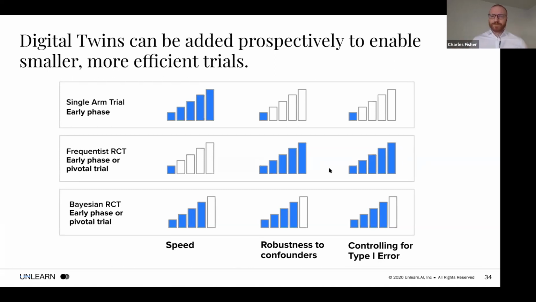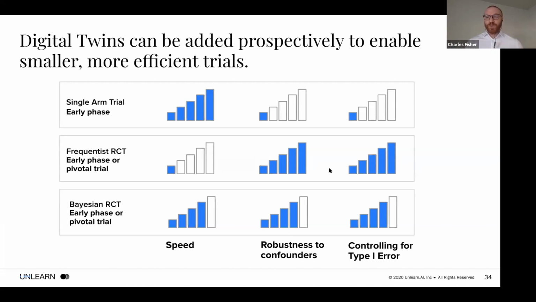So the first thing is that, as Jon showed, we can create significant reductions in the number of subjects who are required for a clinical trial, while still keeping all of the statistical properties that we want. We can have a randomized controlled trial that's robust to confounders and that has control of the type 1 error rate.